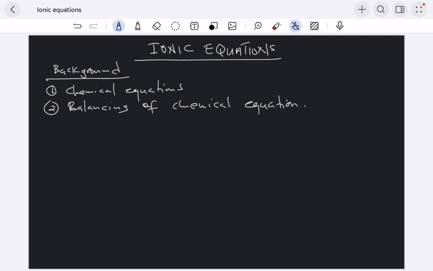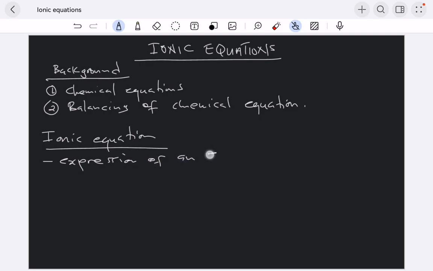Okay, now we can go straight into the lesson for today. So what is an ionic equation? Basically, an ionic equation is just an expression of an equation using ions.